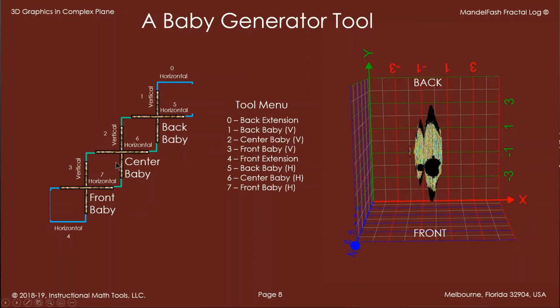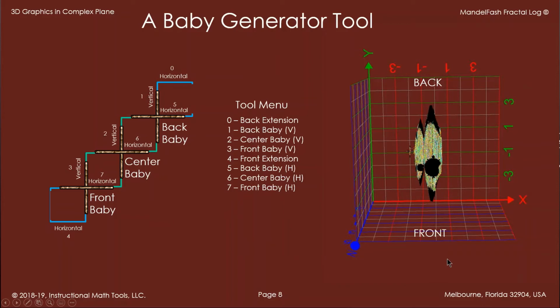Type in 3, you get the front baby vertical. 4 will get you a front extension. 5 is a back baby horizontal. And 6 is the center baby horizontal. And 7 is the front baby horizontal. So that's how you can, on the tool menu, simply select a number and you can draw one of these. And we'll show you what that looks like in a minute.